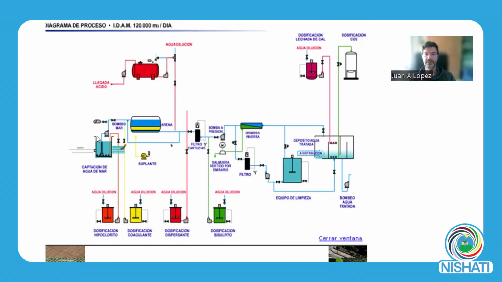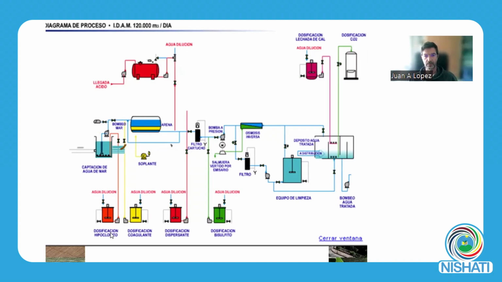Okay, how is the diagram? How complex is one seawater desalination plant? Here we take the water. This is the intake. It can be a well on the coast, or an open intake. It depends.